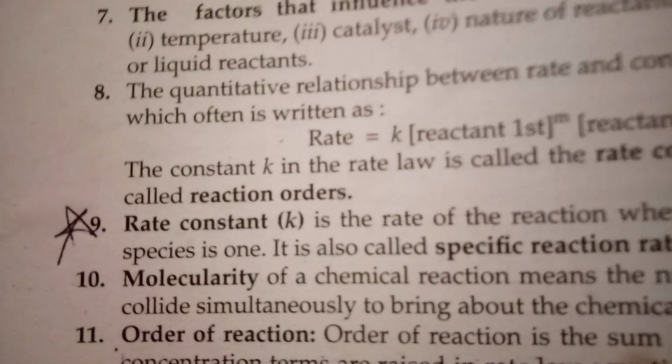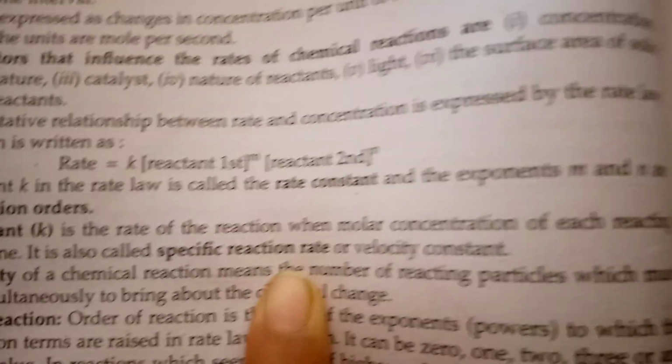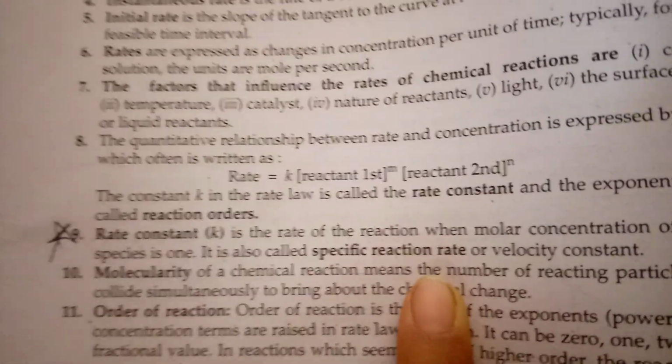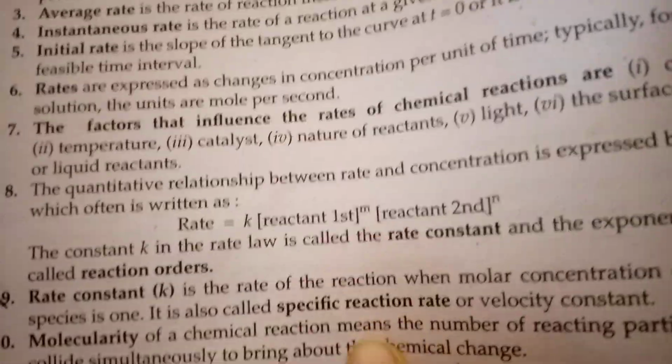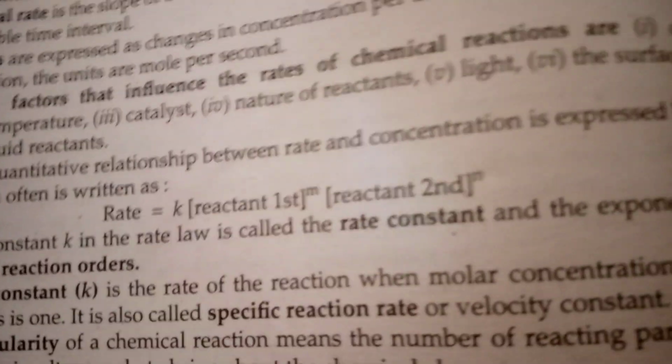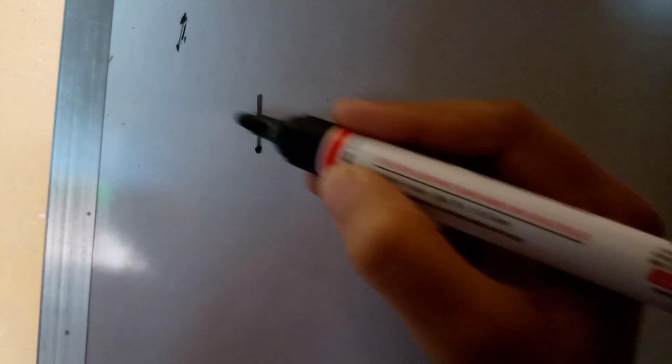Now we have rate constant. It is the rate of reaction when the molar concentration of each reacting species is 1. It is also called specific reaction rate or velocity constant. Next is molecularity.